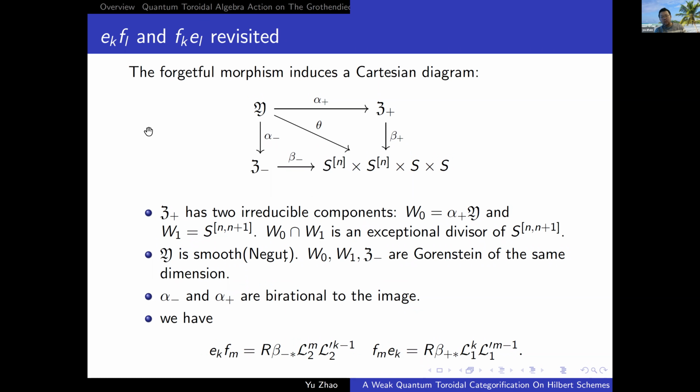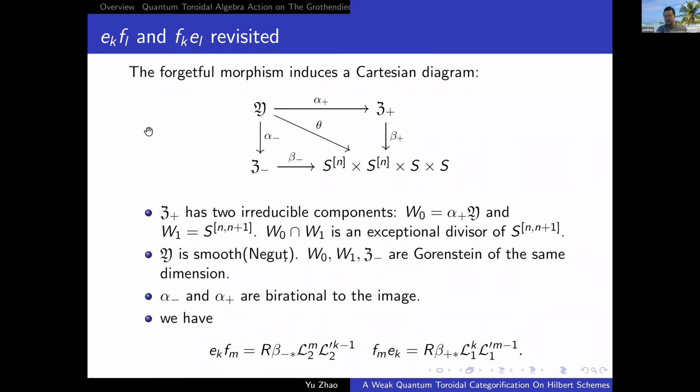Because W0, W1, Z minus are Gorenstein of the same dimension, the Fourier-Mukai transform would coincide with the structure sheaf. So we know that E_k F_l and F_l E_k are exactly the push forward of the line bundles on Z plus and Z minus. Any questions?